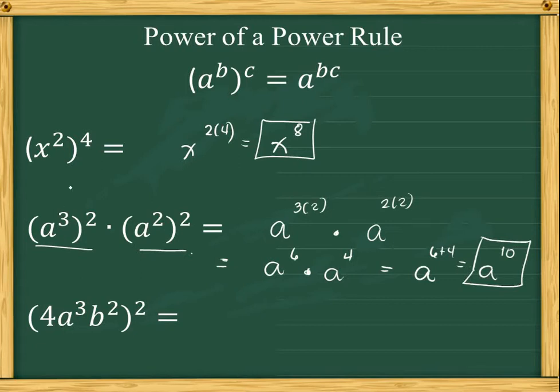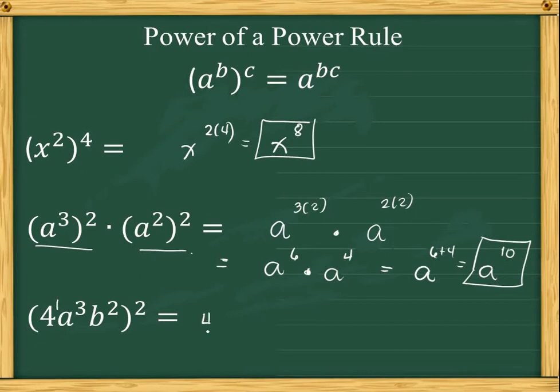Again, yung variable, automatically, ang exponent niya is 1, pero hindi na lang sinusulat. Similarly, ganun din sa numerical coefficient. Kapag walang nakasulat na exponent, automatic, ang exponent niya ay 1.